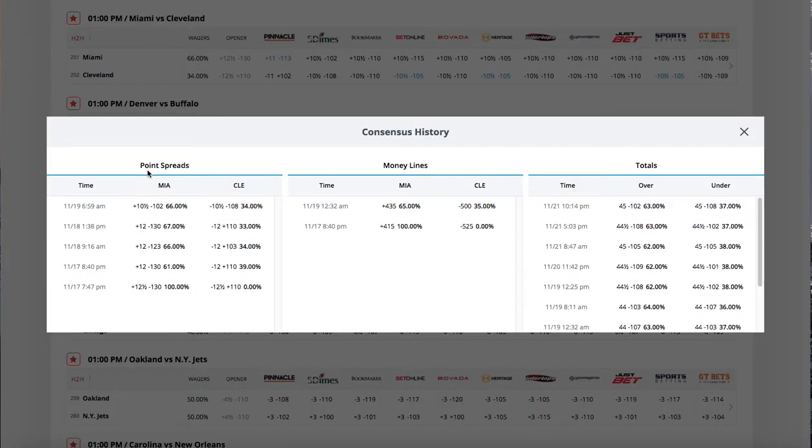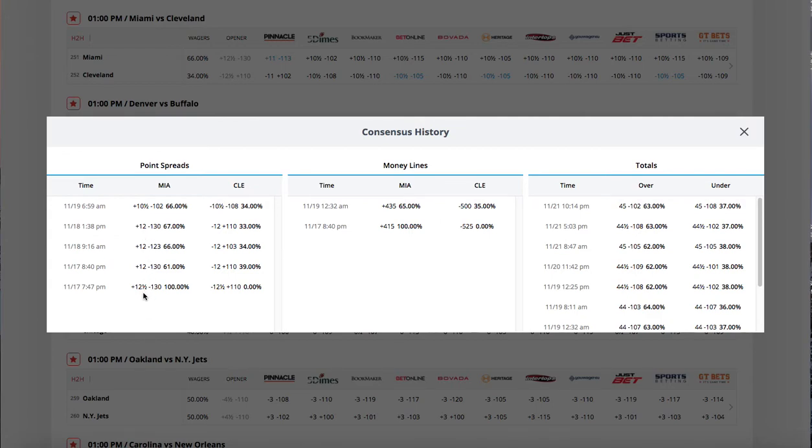And let's say you look at this consensus history and notice immediately that 100% of the money is on Miami at plus 12.5. Regardless of seeing any of this information, we know from here moving forward that this Miami line is going down.